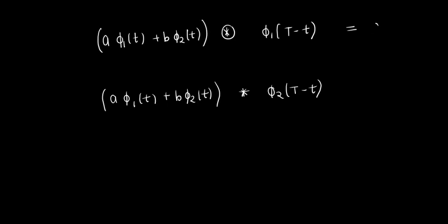Our aim is that the outputs should be equal to A and B. We should be able to find out the weights corresponding to phi 1 t and phi 2 t.